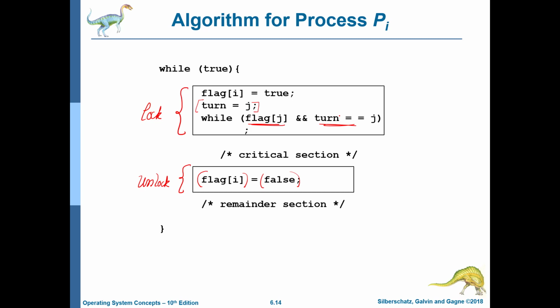So even though this piece of code looks simple, it is actually not that simple when we try to prove it. So let us now prove this algorithm. I'll quickly write down the statements once again.